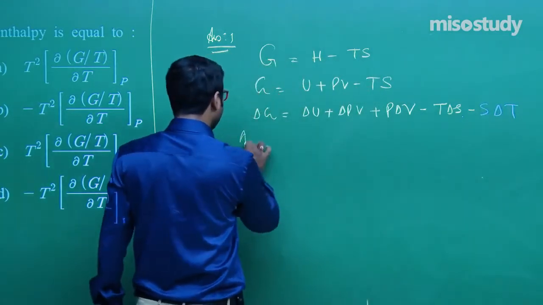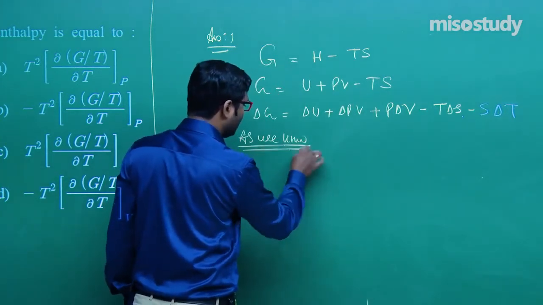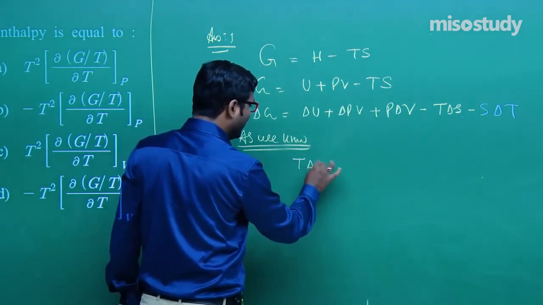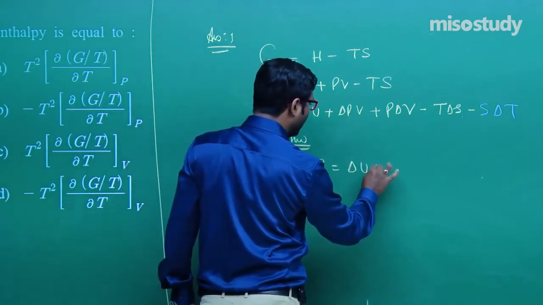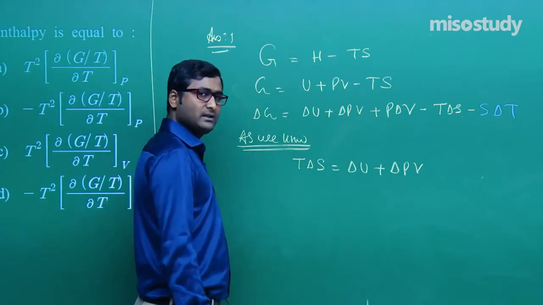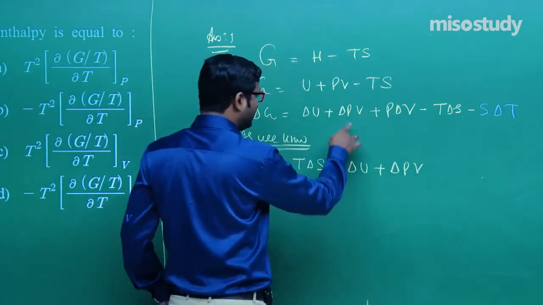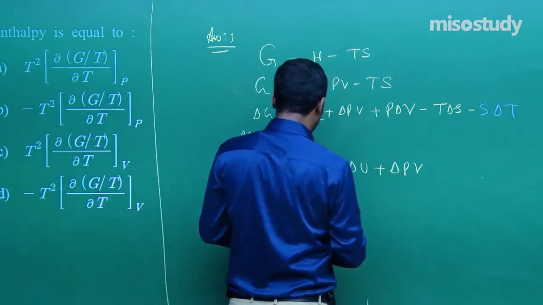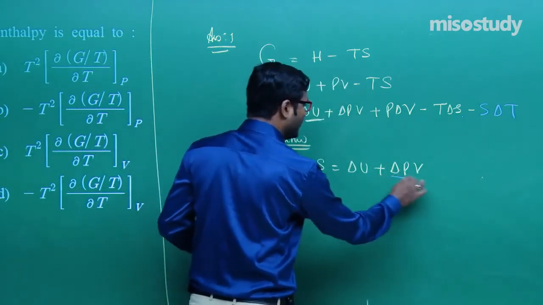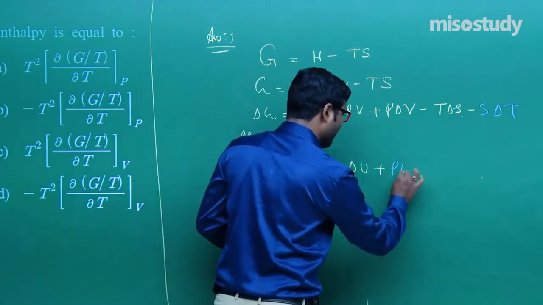Now as we know, T delta S is equal to delta U plus P delta V. Remember this? What I am telling, friend?